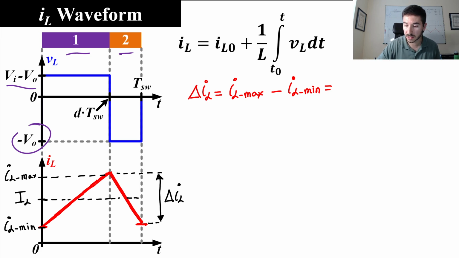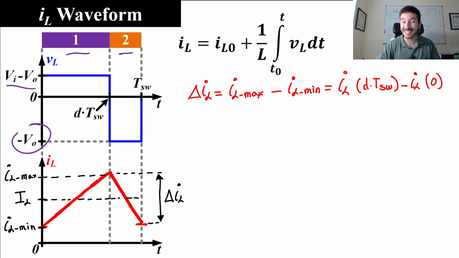We can say that the maximum value is the current that we have through the inductor when t is equal to D times T switch, and the minimum value is the inductor current at t equal to 0. So I will try to express this term as a function of this term.